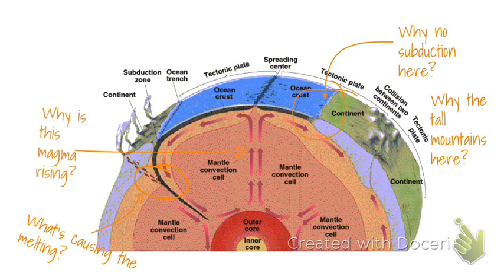Why is the magma rising? Because it's less dense. Why are the tall mountains over here? Well, that's because of the continental boundary. And that is plate tectonics.